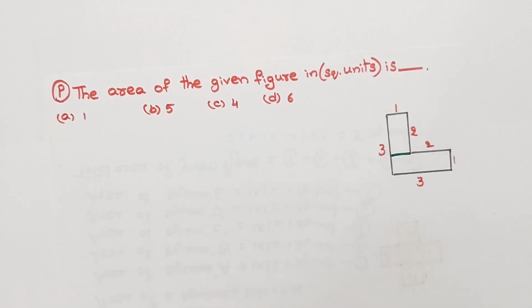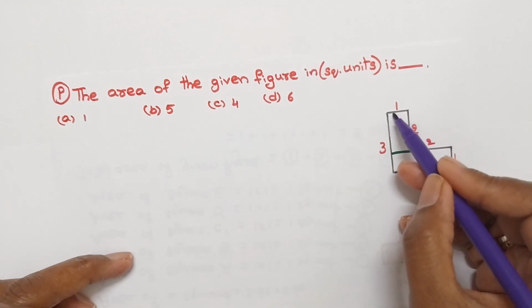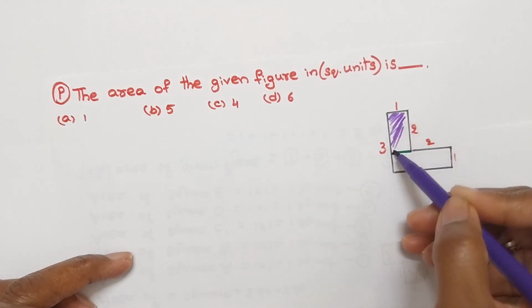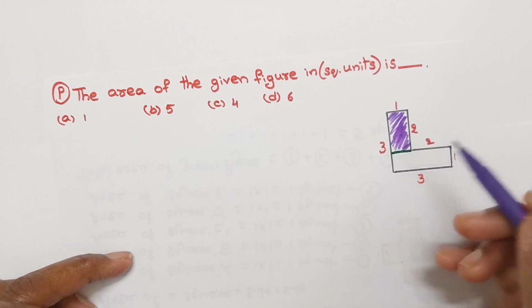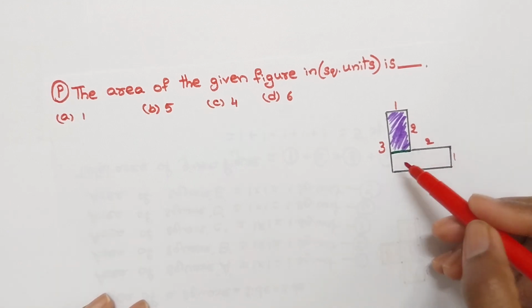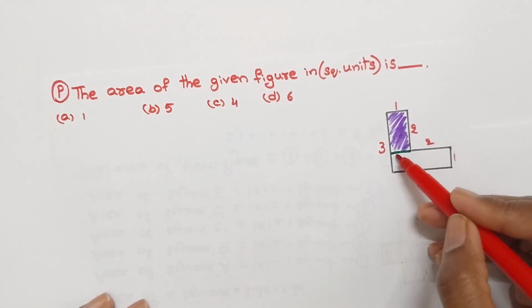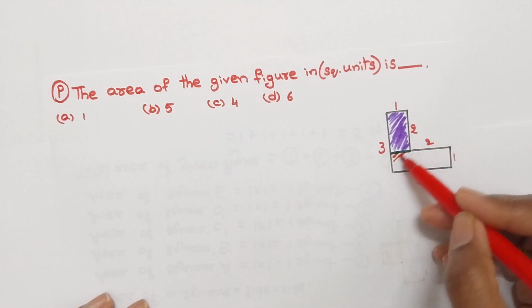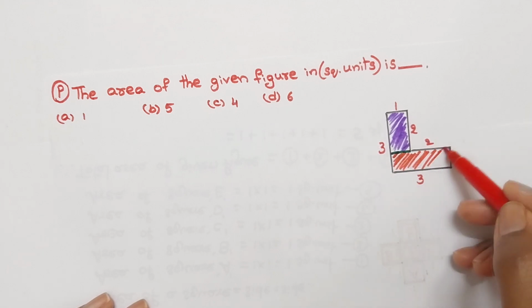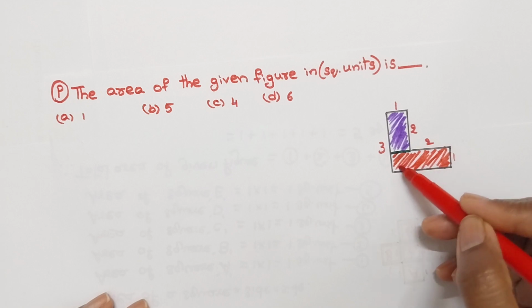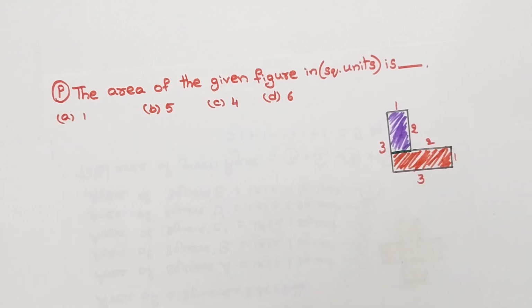Now this one is a rectangle, and this one is also a rectangle. It is clear, now two rectangles are there.